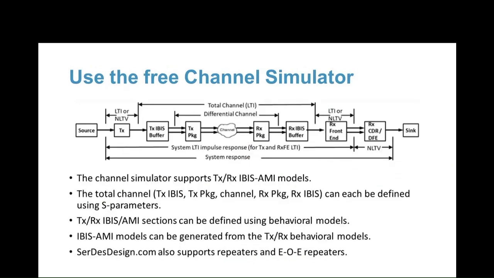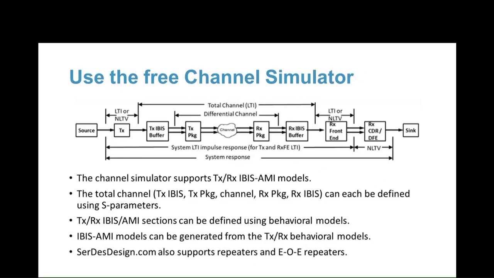And so the channel simulator effectively follows this flow diagram. It supports the transmit and receive IBIS-AMI models. It supports a total channel that includes the transmit IBIS portion, transmit package, the channel, any receive package, or receive IBIS portion. And each of those portions can be defined with S parameters. The transmit and receive IBIS-AMI sections can be defined using behavioral models.